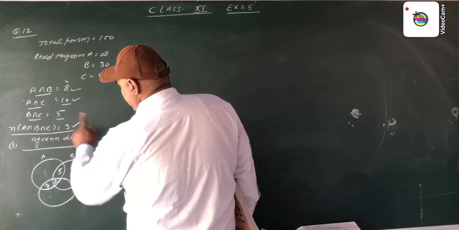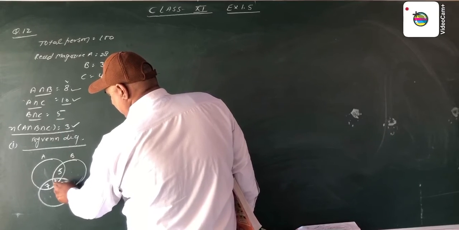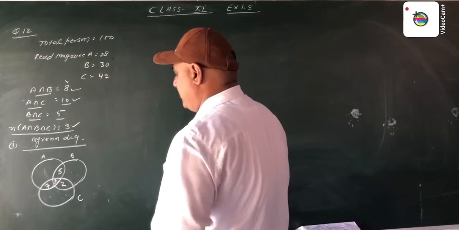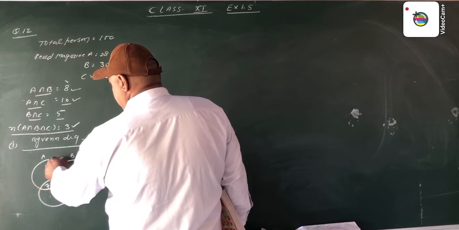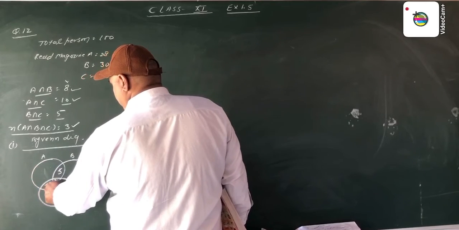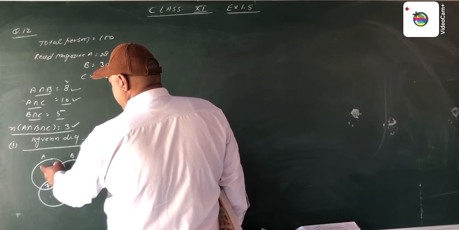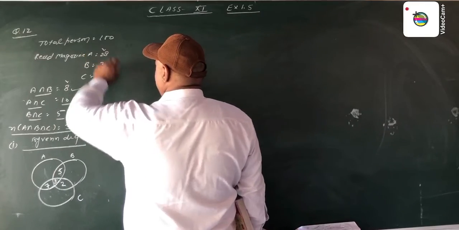So the number of persons left is 5 minus 3, it means 2. Now we complete this circle of magazine A. The persons in magazine A are 7, 3, 5, so 7, 3, 10, 5, 15, and the total is 28.